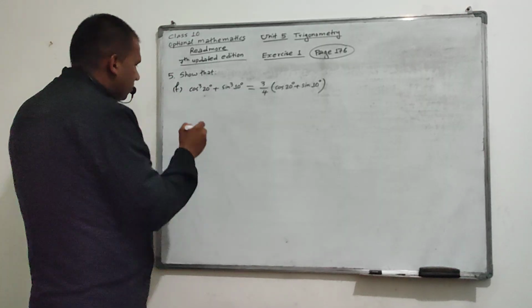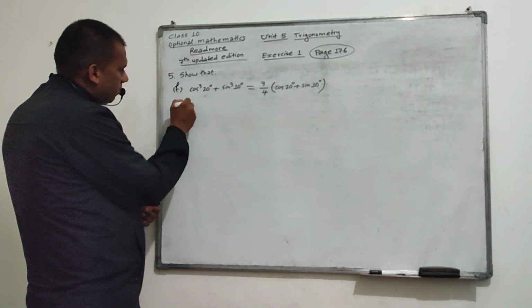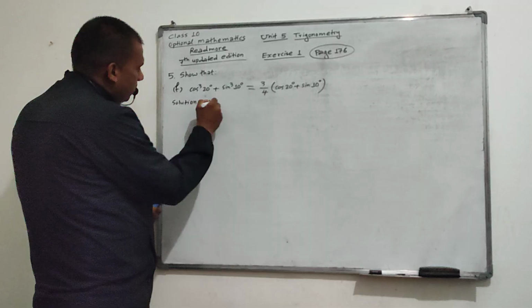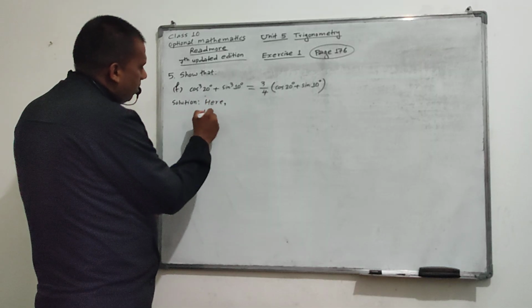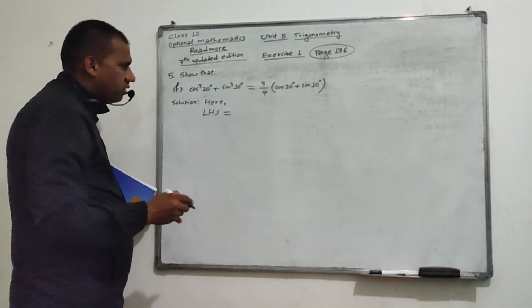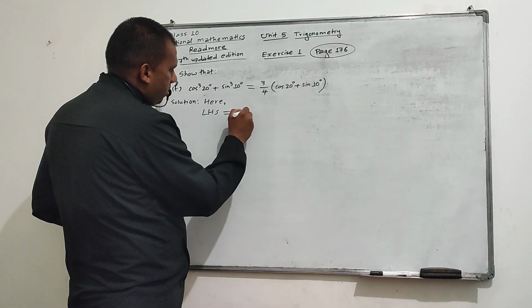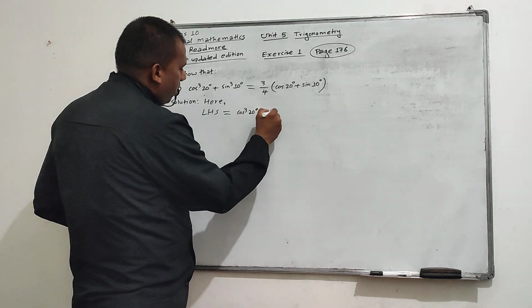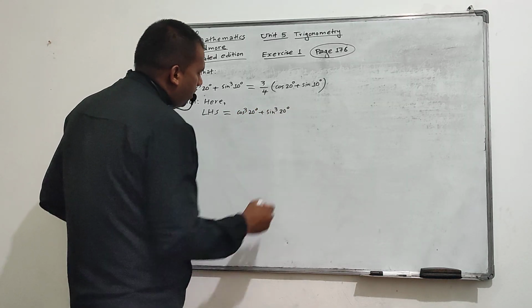Now its solution here: LHS equal to cos cube 20 plus sin cube 10 degree.